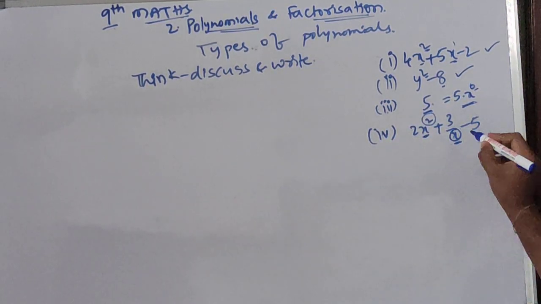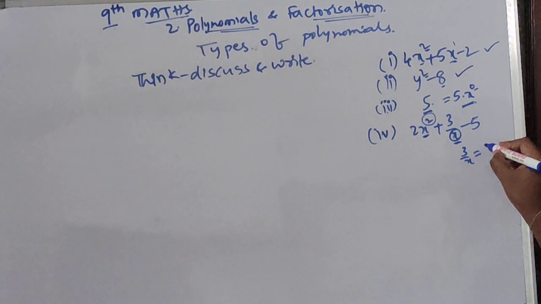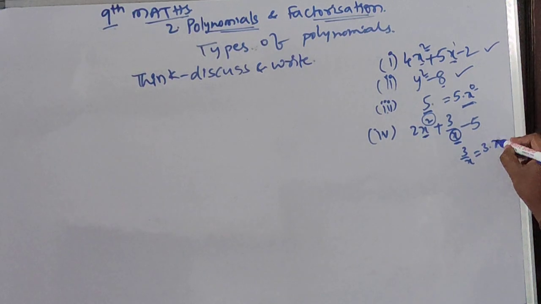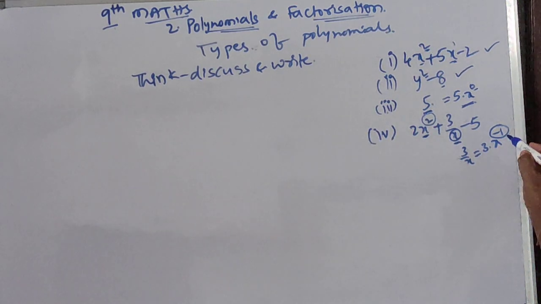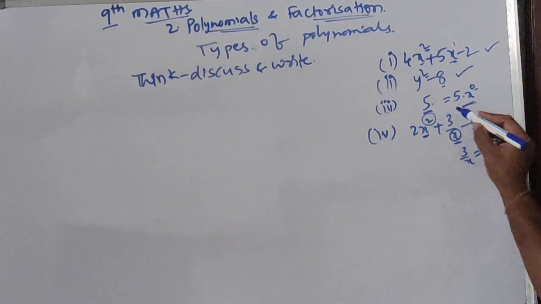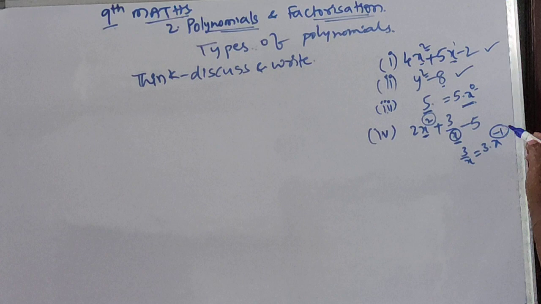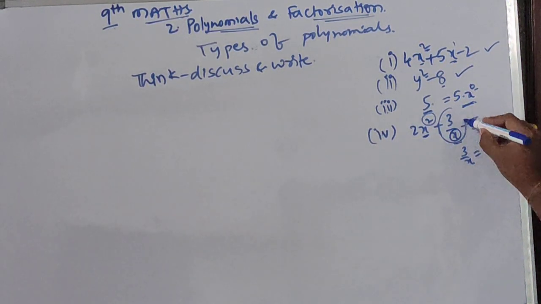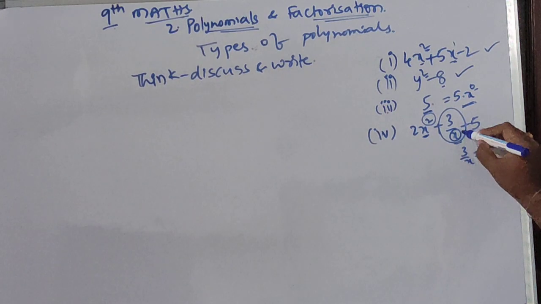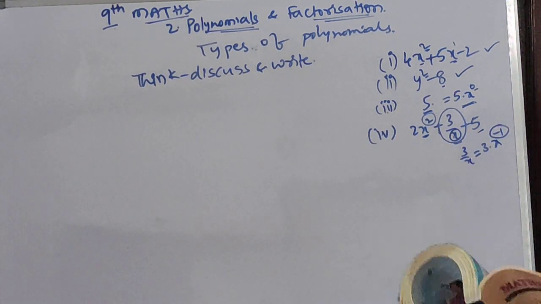I am writing this 3 by x as 3 into x, bringing x to the numerator, it will give x power minus 1. So the power is negative, so it is not a polynomial. The power won't be negative. Even though the other terms are fine, this is not satisfying the condition, so it is not a polynomial.